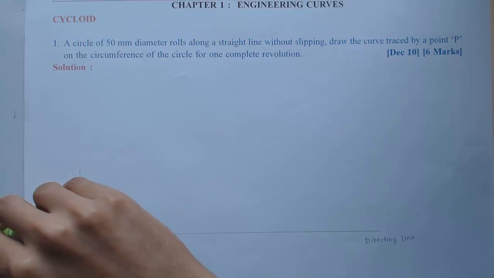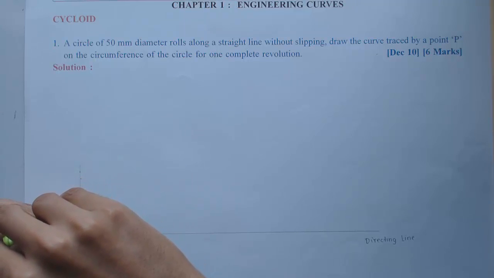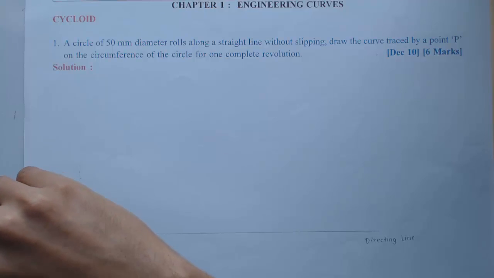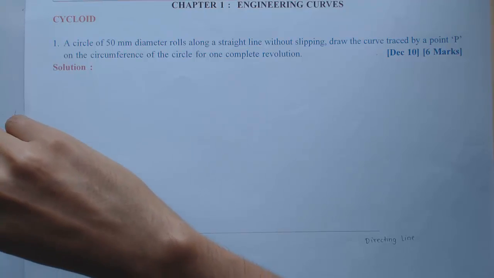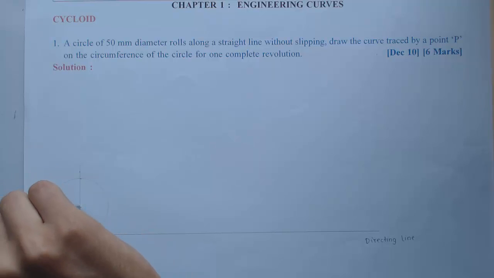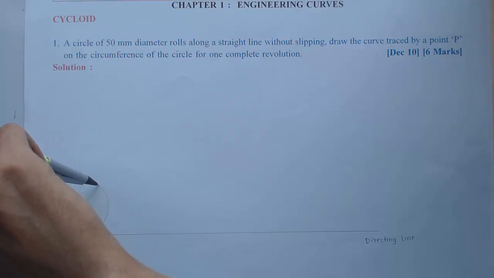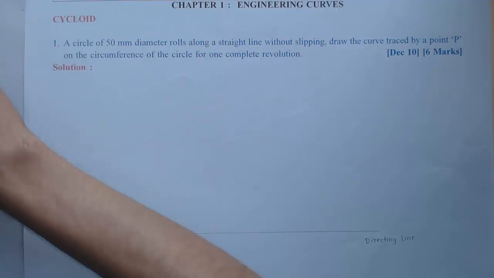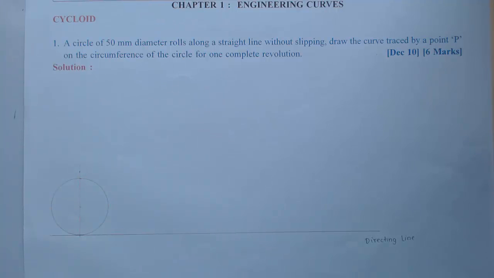So with that radius exactly equal to 25, the circle is having only one point of contact with the directing line. So this is the initial position of the circle before rolling starts.